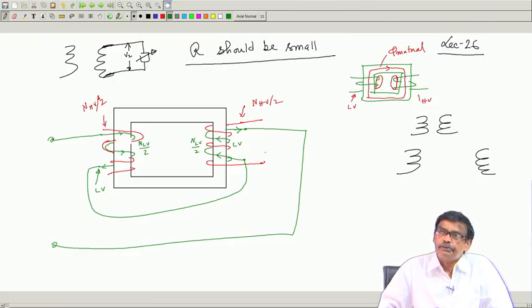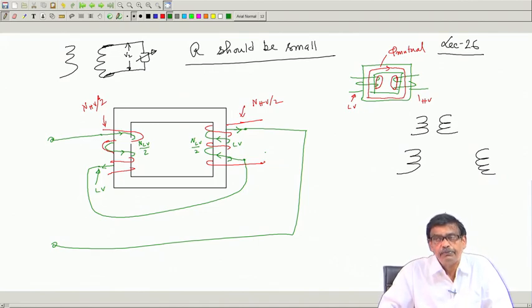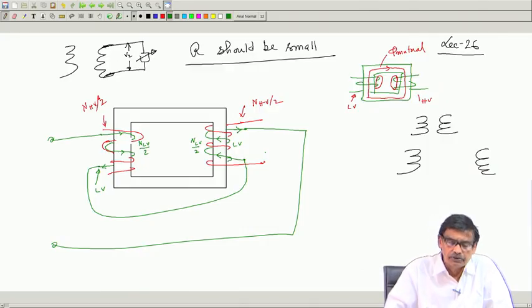That is, you distribute the low voltage winding on both the limbs. Similarly, HV winding on both the limbs, and these 2 halves of each of LV and HV windings will be connected appropriately in proper way in series to give you LV terminals and HV terminals.